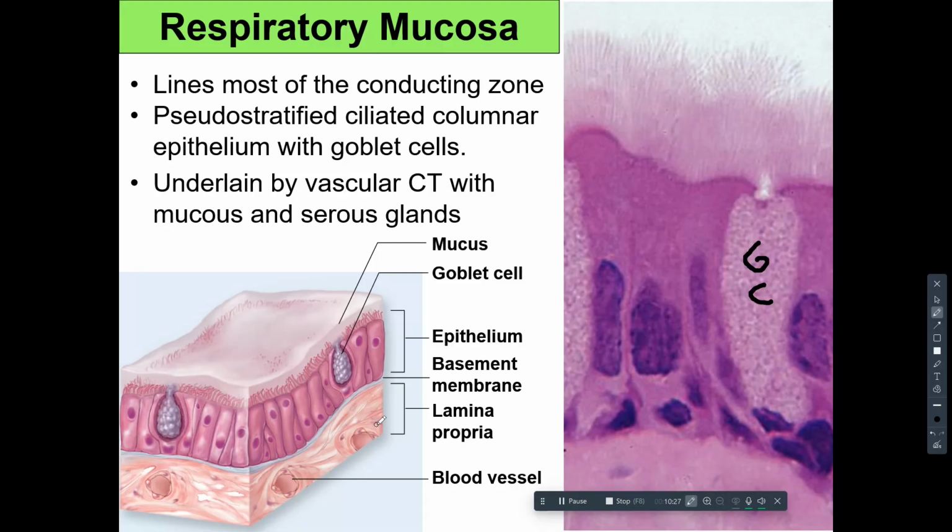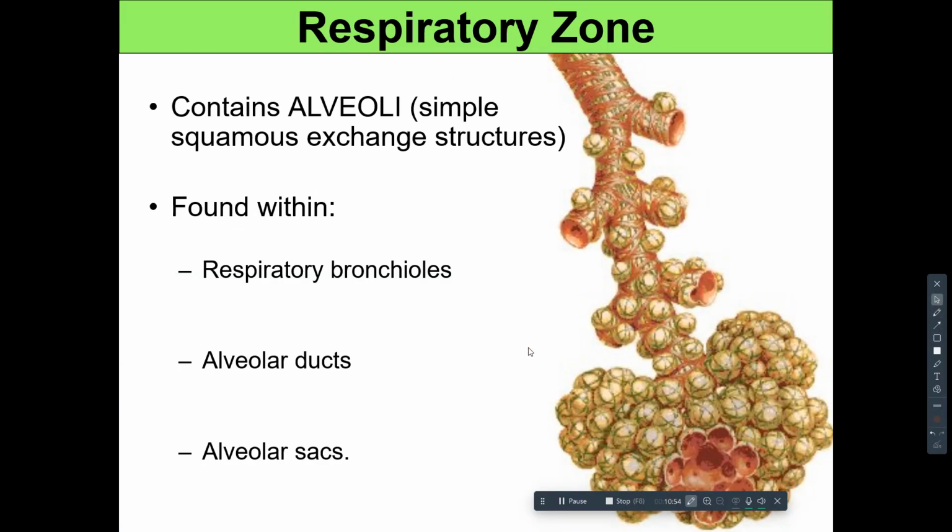I don't see any mucus glands in this particular view, but there would be mucus glands in here with ducts reaching upward. Goblet cell and mucus glands make mucus. We see all the mucus right there. And of course, the cilia are up here, and the purpose of the cilia is to sweep the mucus, which will have trapped things in it, to sweep it upward. Okay, that's my respiratory mucosa. It is in my conducting zone.